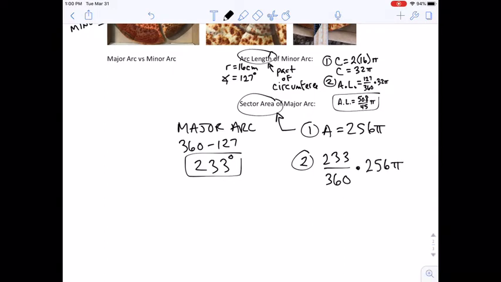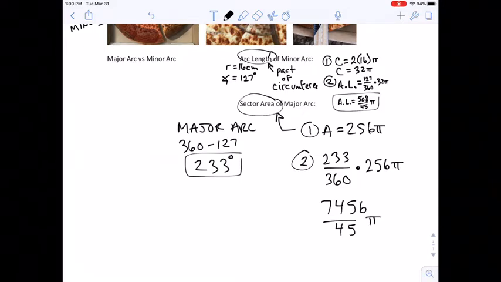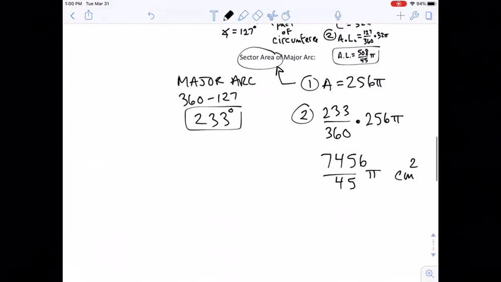Again, I'm going to type that on my graphing calculator: 233 times 256 divided by 360. I get 165 point whatever, 688 repeating. I go math, enter, enter, and I get 7,456 over 45 pi.